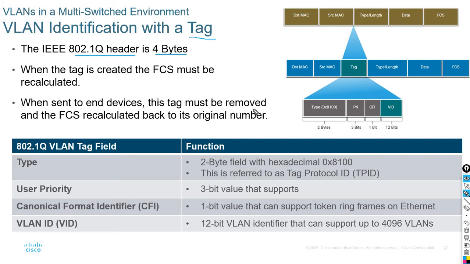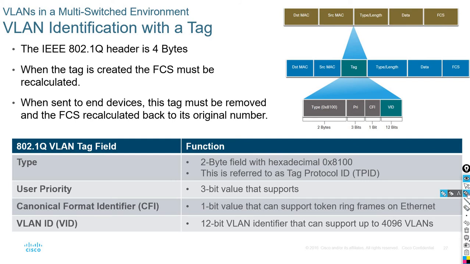When a switch receives a frame on a port configured in access mode and assigned to a VLAN, the switch inserts the VLAN tag into the frame header, recalculates the frame check sequence, FCS, and sends the tagged frame out of the trunk port.